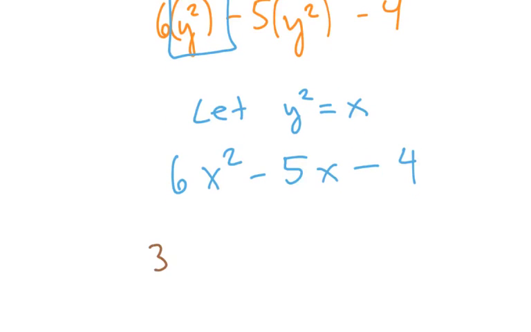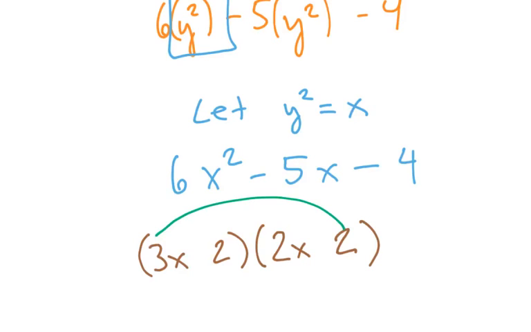Okay, so we take this, we write it as 3x and 2x, because 3 times 2 is 6. With 4, I'm just going to say 2 and 2, because 2 times 2 is 4. I'm going to distribute. I'm going to say that this is going to give me 6x and 4x. Note I want to get 5x. It's not happening here. Cross it out.